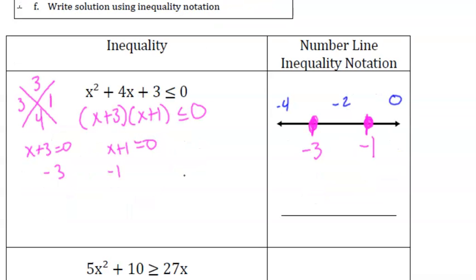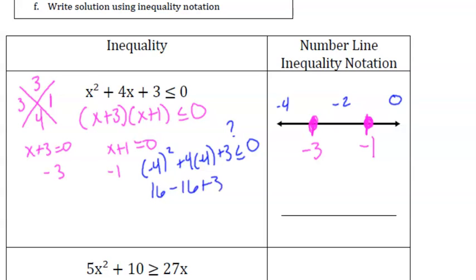So let's test these points. -4 squared plus 4 times -4 plus 3, is that less than or equal to 0? No, that's not right. So that's false. So we're going to leave that part blank.